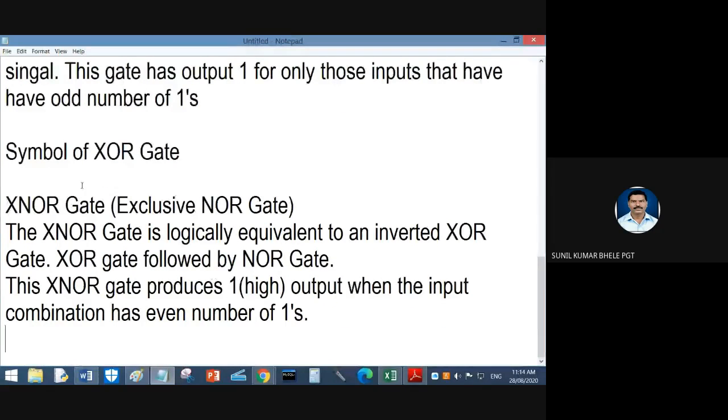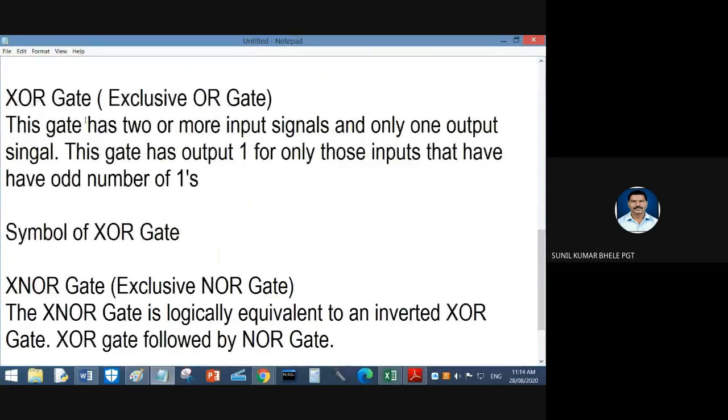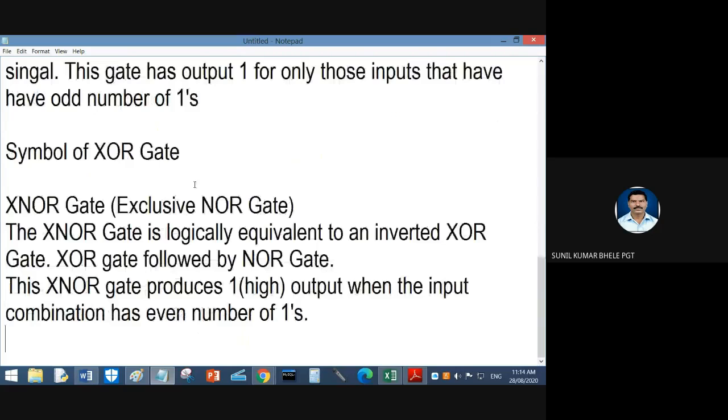So in an exclusive OR gate, we have to check for an odd number of 1s, then only it gives the output 1. And in an exclusive NOR gate, an even number of 1s, then only it gives the output as 1.